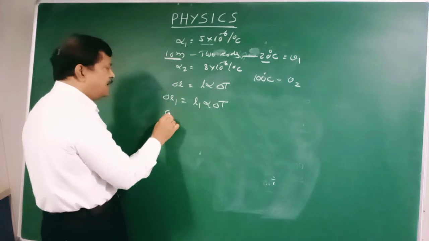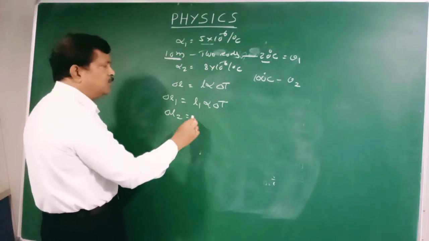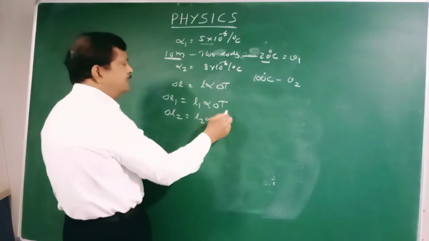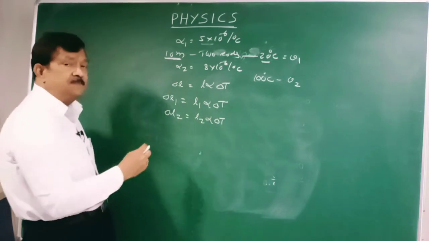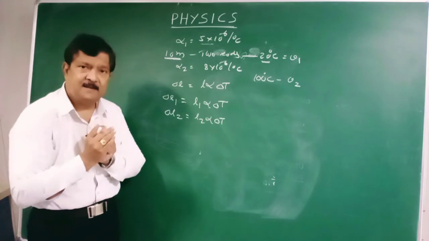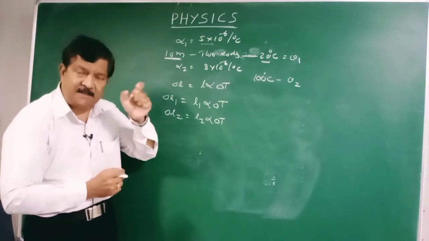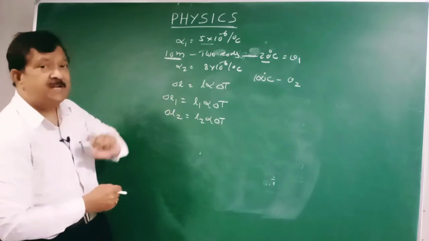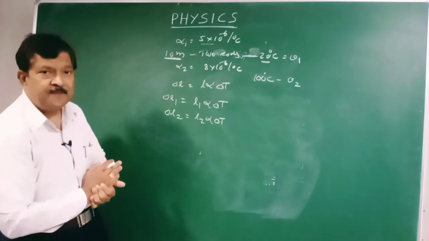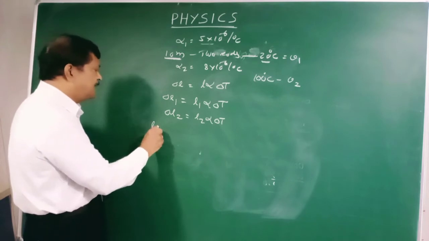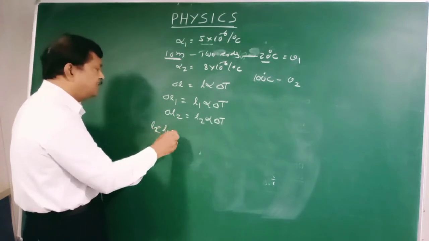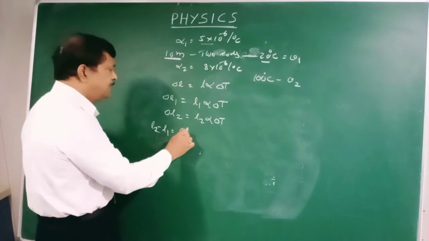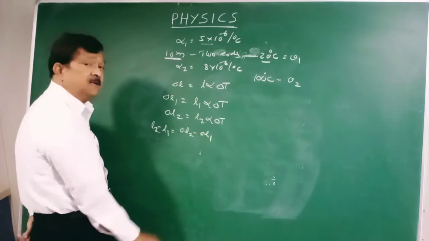And for the second rod the expansion is delta L2, that is L2 alpha delta t. Now I want the difference of these two, because initially they are having the same length. The difference between their final lengths will be equal to the difference of their expansions. Therefore L2 minus L1, where L2 and L1 are the final lengths, is nothing but delta L2 minus delta L1.